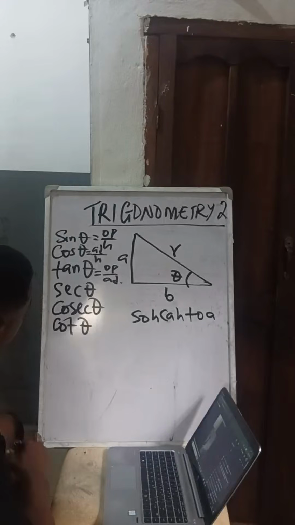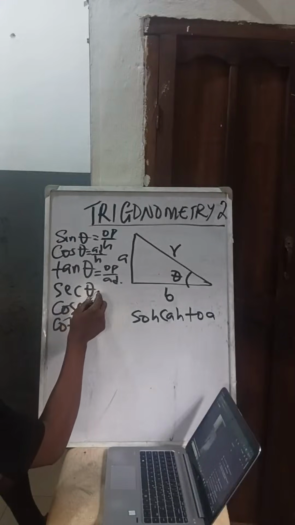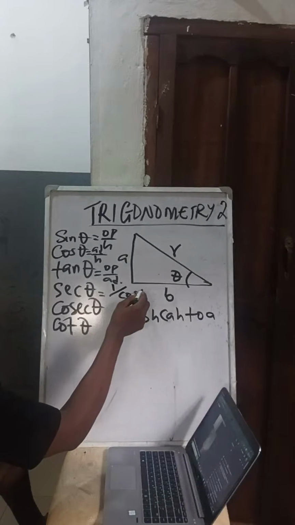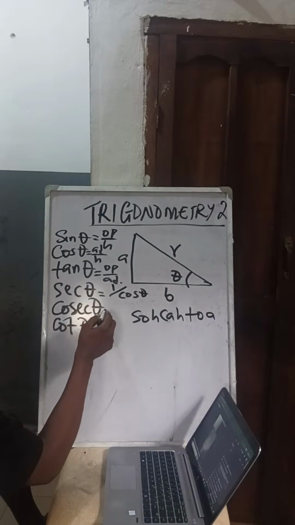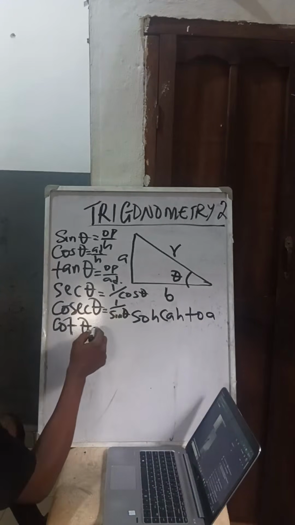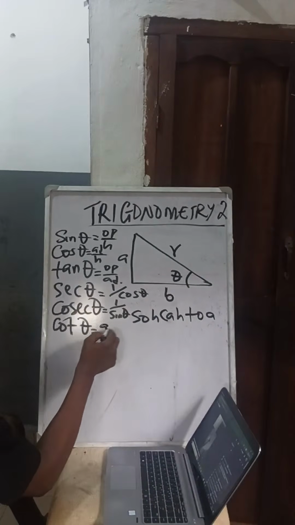So if that is the case, sec theta means 1 over cos theta. Cosec theta means 1 over sine theta. Cot theta means adjacent all over opposite.